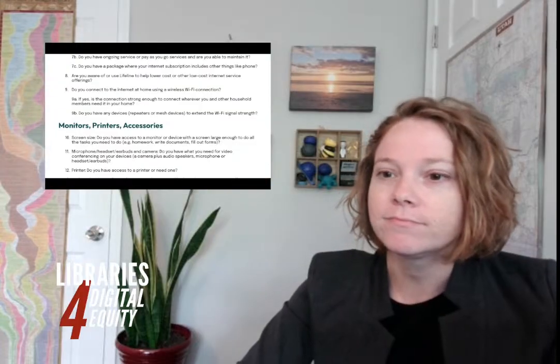Or maybe everyone's got computers at home. Having a public computer lab in the library isn't really necessary anymore, but you learn that nobody has tablets. So maybe it's worth having a cart of tablets available in the library, that type of thing. So it can give you some really good information on what individual and household access looks like.